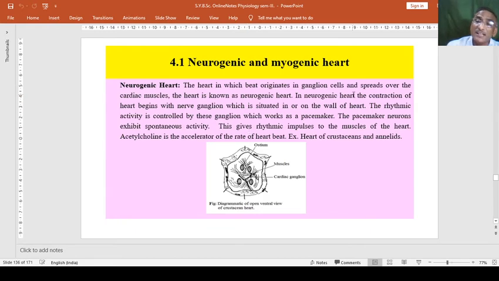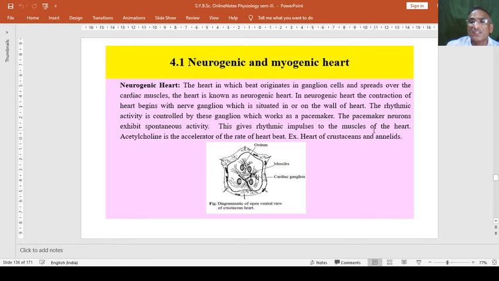In a neurogenic heart, the contraction of the heart begins with a nerve ganglion, which is situated in or on the wall of the heart. The rhythmic activity is controlled by these ganglia, which work as a pacemaker.